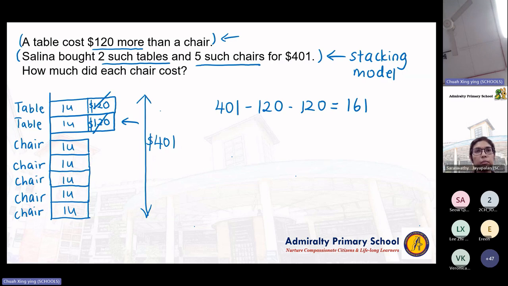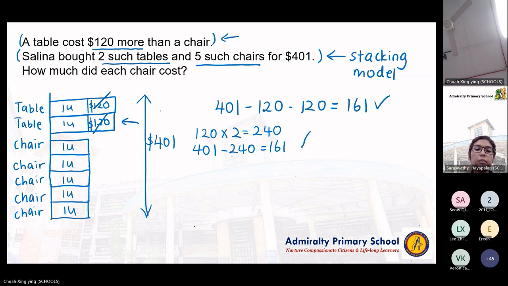Some children will just do 120 times 2 to get 240. Apologies, I think this region, I may not want to write here. Okay, let me try that. 120 times 2 equals to 240. And then 401 minus 240 gives me 161. It's also acceptable. All right?